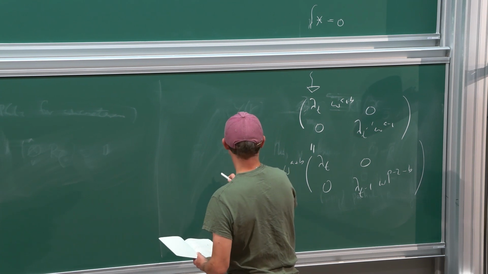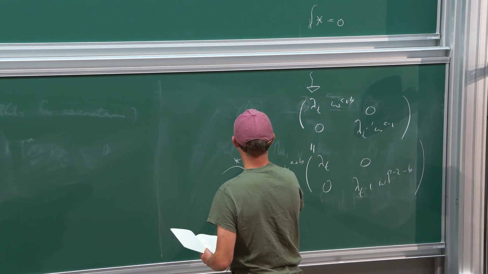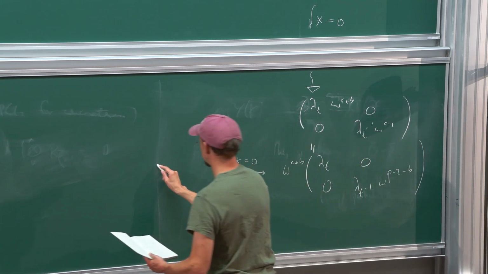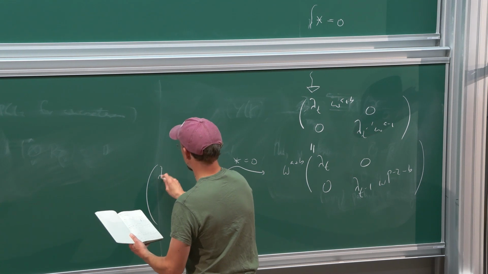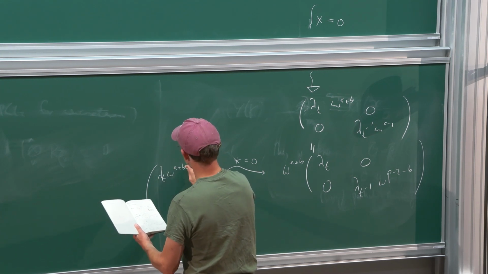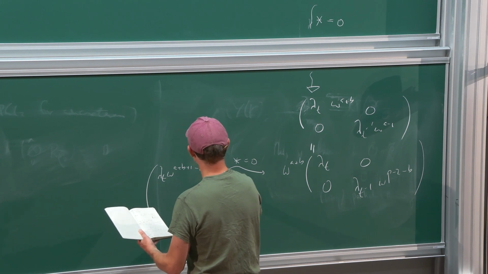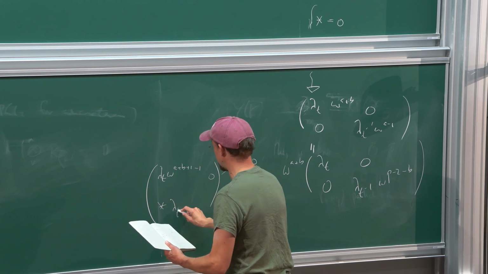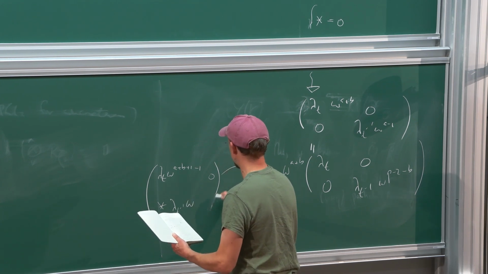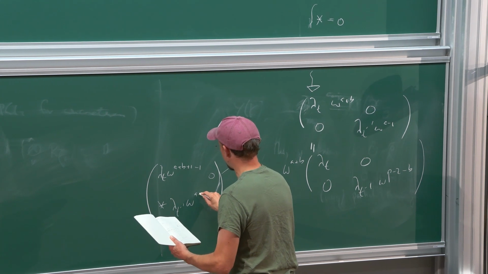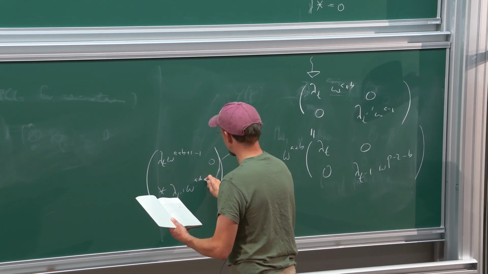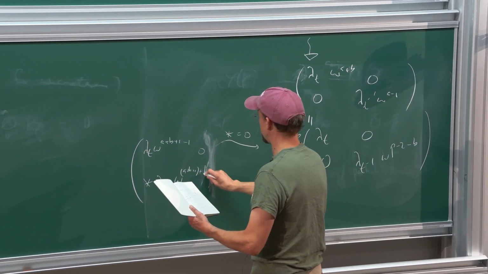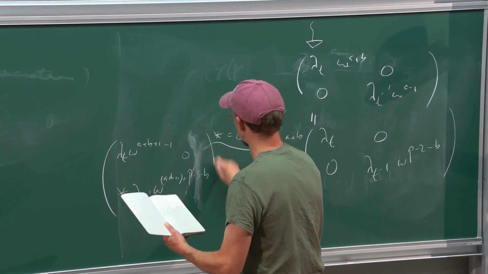And this guy is also a specialization to star equals 0 of the following thing, which is lambda t omega to the a plus b, and I'm going to put in plus 1 and then minus 1, for reasons I'll explain in a minute. 0, lambda t inverse omega to the a plus b plus 1 plus p minus 3 minus b.